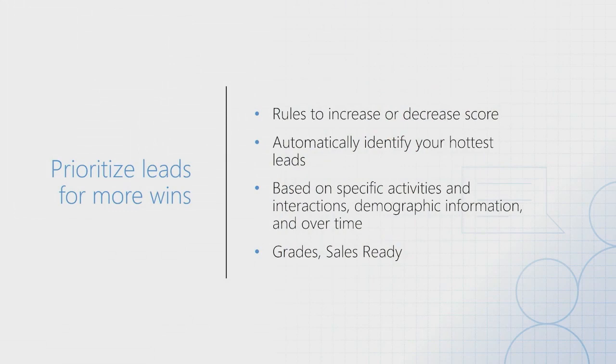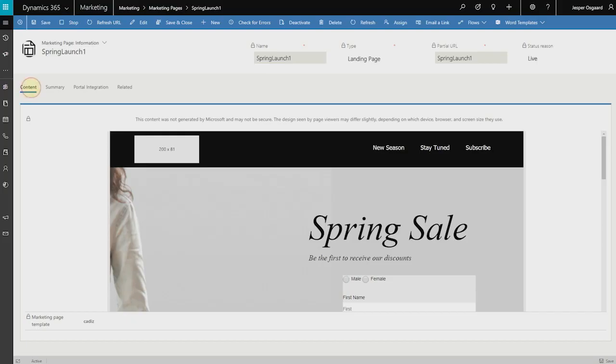We also have a special flag called sales ready. Depending on the score of a lead, if it crosses an upper boundary, you will label it as sales ready, and the system will automatically start a workflow that will send the lead to salespeople if you prefer to do so, right? So here is the landing page that we saw a few times already.